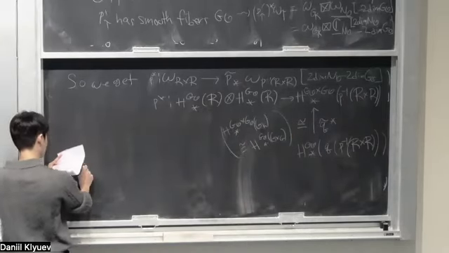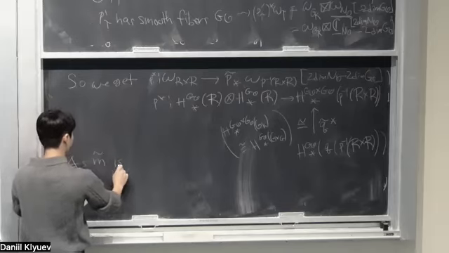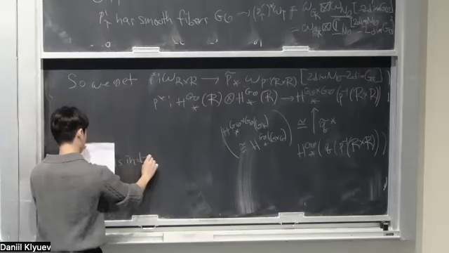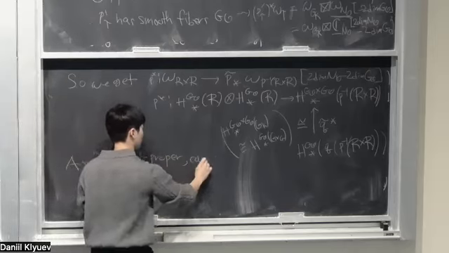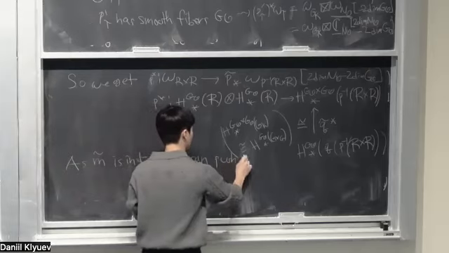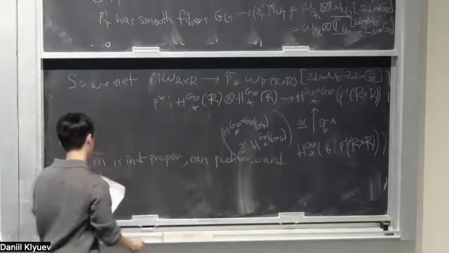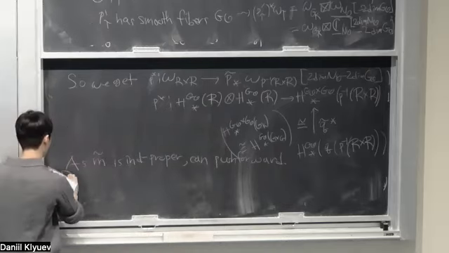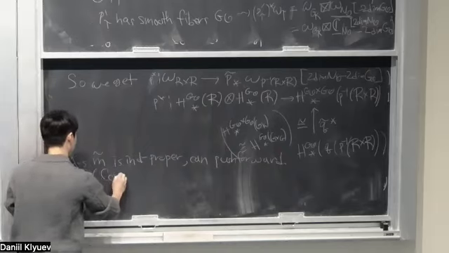And as that map is proper, we can push forward again. And so we're finally arriving, after a long time, at the convolution product.